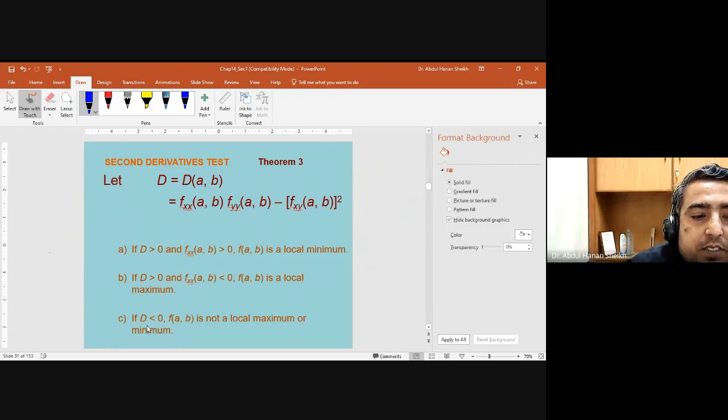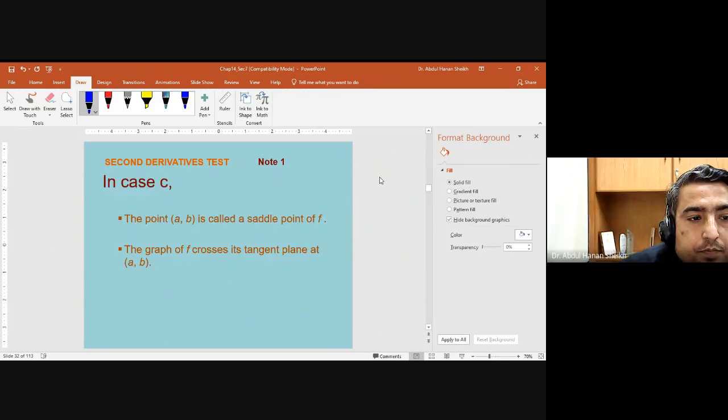And if D, this quantity, is not greater than 0, then it's neither, the third case. So it cannot be either a maximum or a minimum. You can verify your previous two examples with this theorem. It's simple.